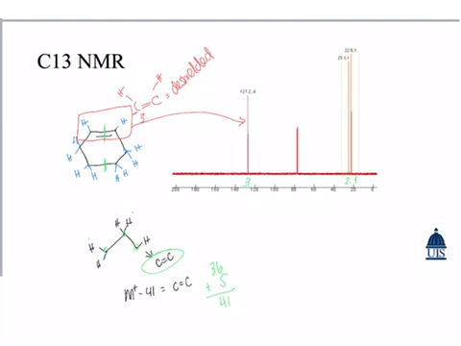The next one is going to be the closest to the double bond, with 2 hydrogens attached to it, matching up with carbon environment number 2.